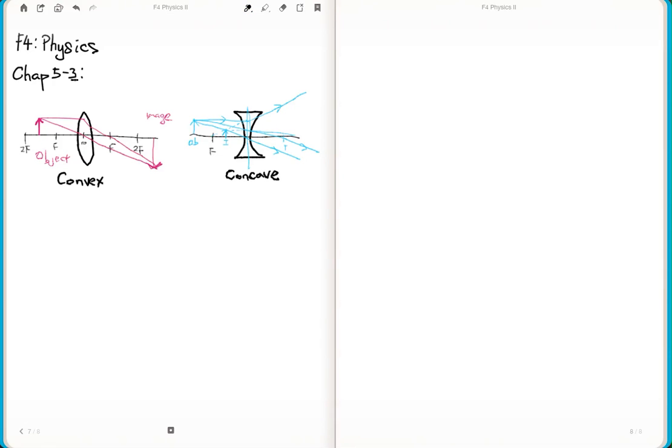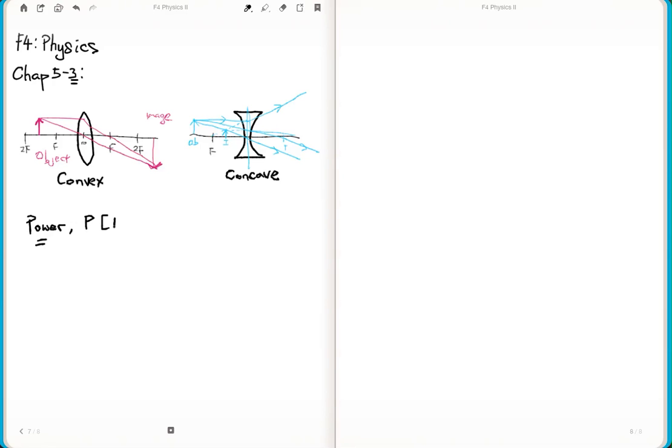In this third video, we're going to use what you have learned in the previous video. What we want to calculate now is the power of these two lenses. What's the power of a lens? Power, symbol capital P. The unit is in diopter.